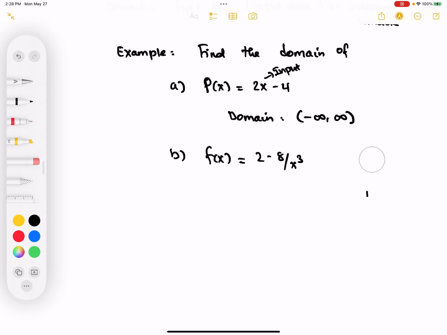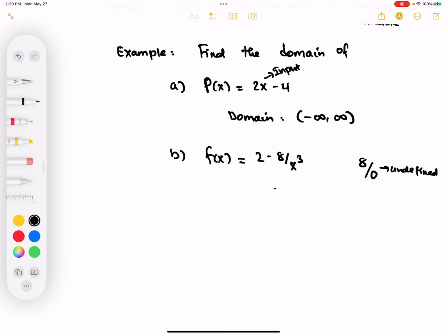The second one, however, if you look at here, this one, x cubed. Now, if you remember from the discussion of algebra, 8 over 0 is undefined. You can't define it. So anything in the denominator should be different from 0.